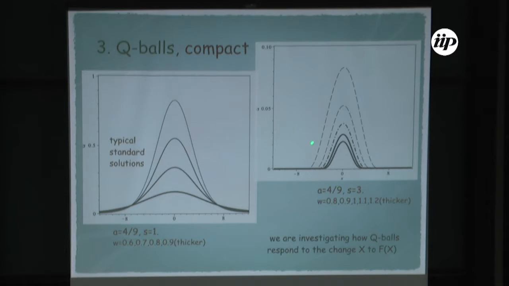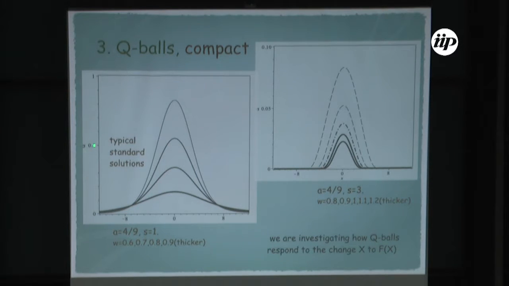You see, this is not to scale. This is a standard Q-ball profile. You see A is the same value. Here I put S equal to 3 because S should be greater than 1, and S is 1 here. But you see the scale here. This is 8, this is 8.